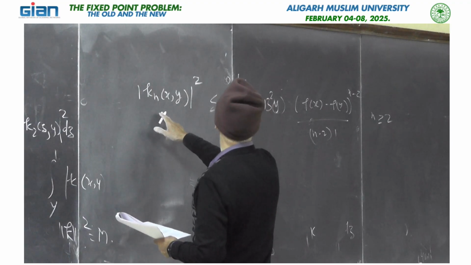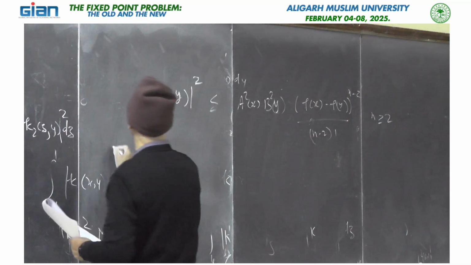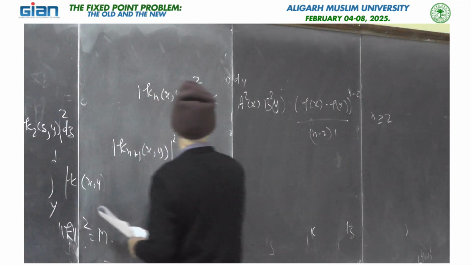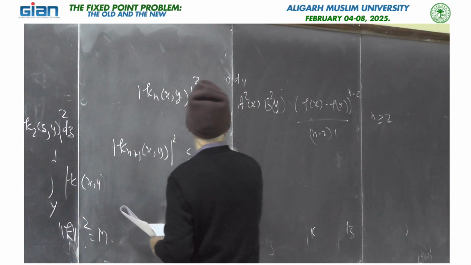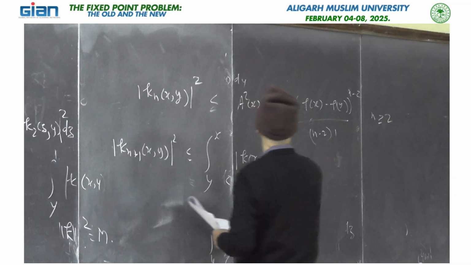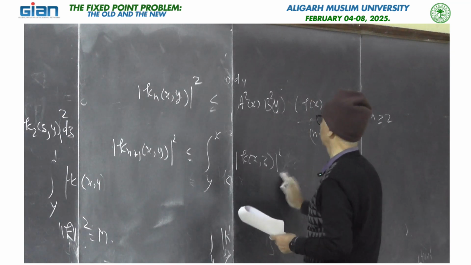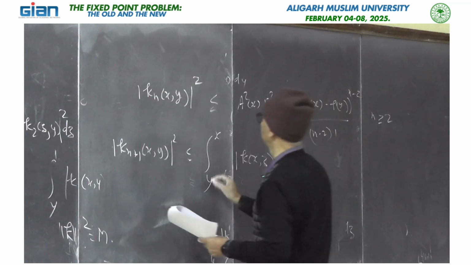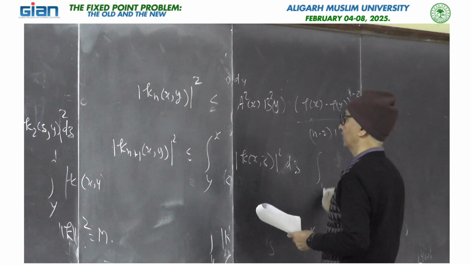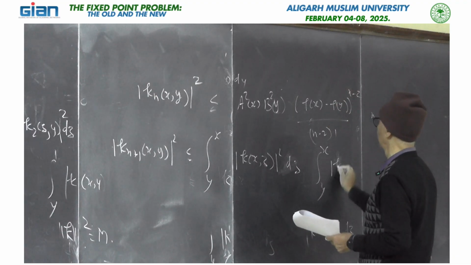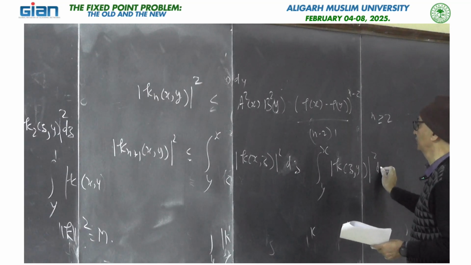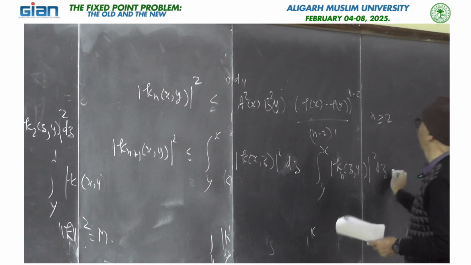So when you take Kn plus 1, you have Kn plus 1 xy square is less than or equal to the integral from y to x of mod kxz square dx, and then applying the Cauchy-Schwarz, dz, and then the integral from y to x of mod k z y square d k n dz.